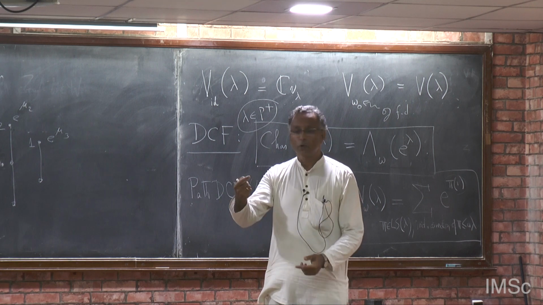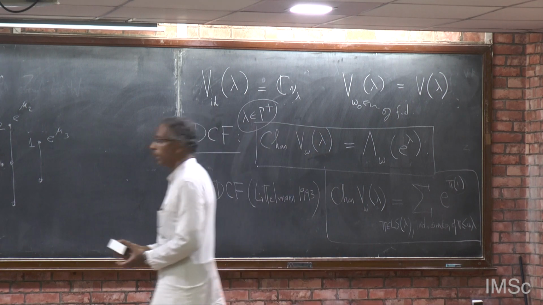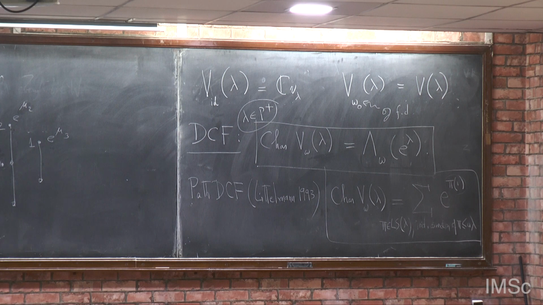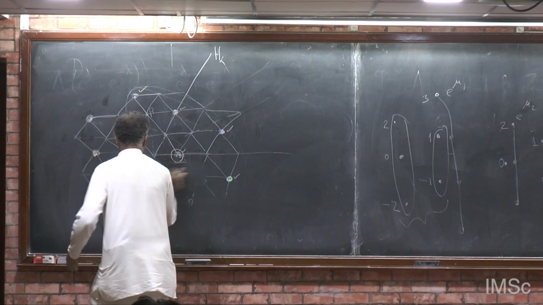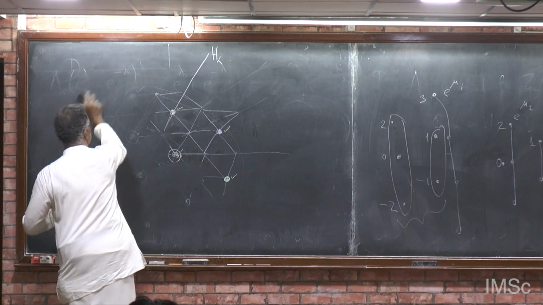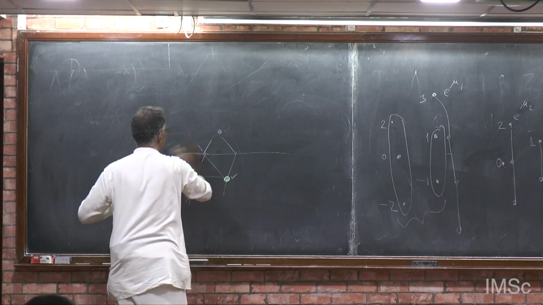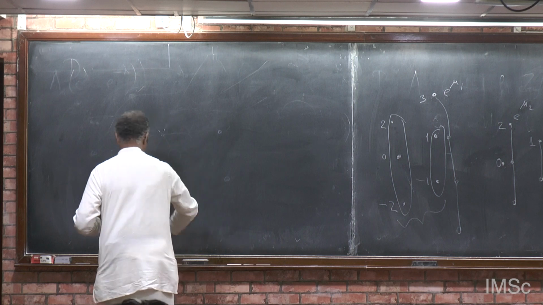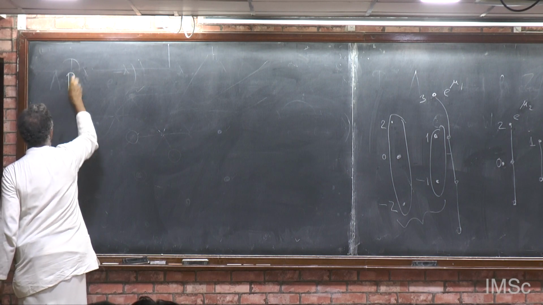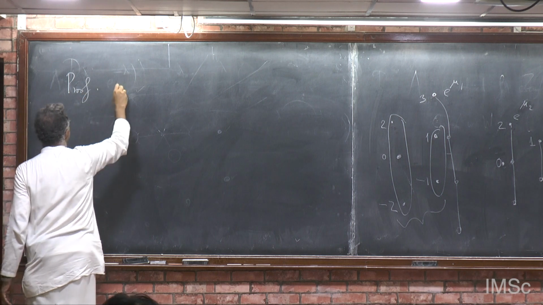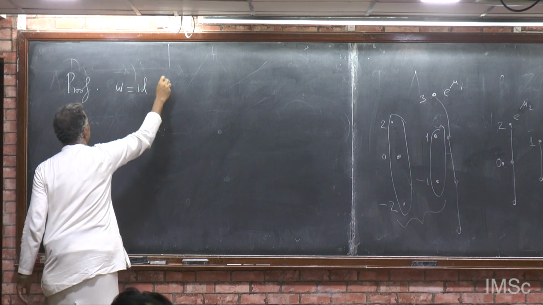Okay. Suppose, so I write, okay, so here is the proof. I erase this picture, but keep that picture. This picture here. So proof. W equal to identity, this is okay.